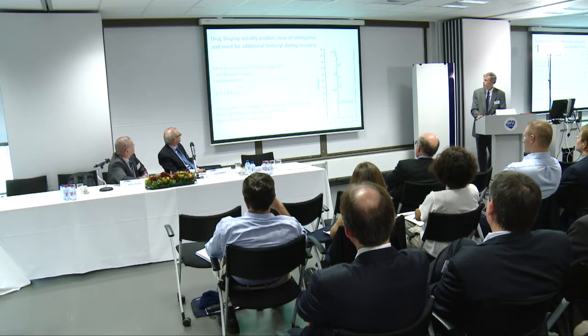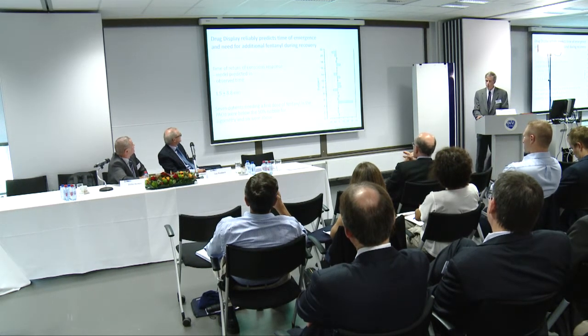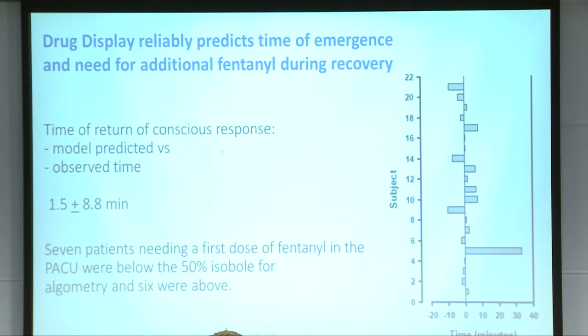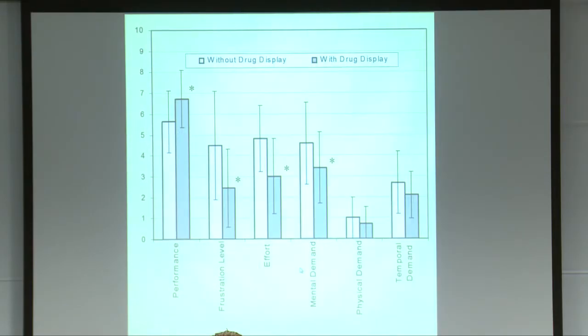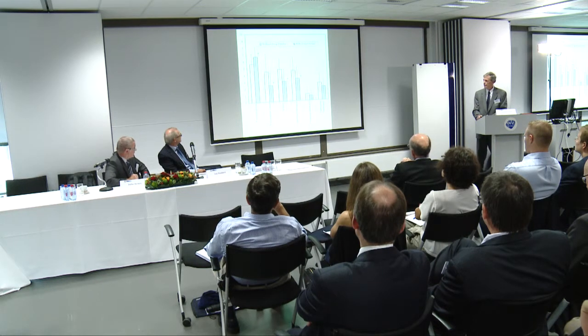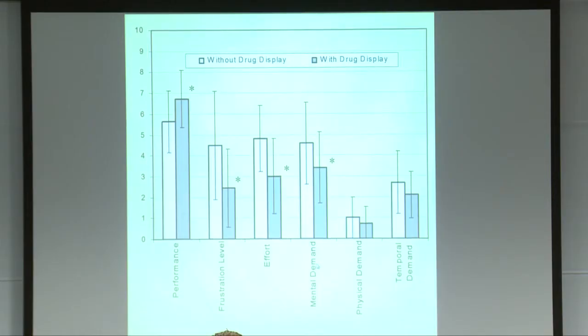The prediction of probability of time to wake has been confirmed. There is a 1.5 minute difference between when the patient actually woke up and when the drug display predicted they would wake up. And the users were quite satisfied with the display. This shows a self-assessment of performance, frustration, effort, and mental demand.